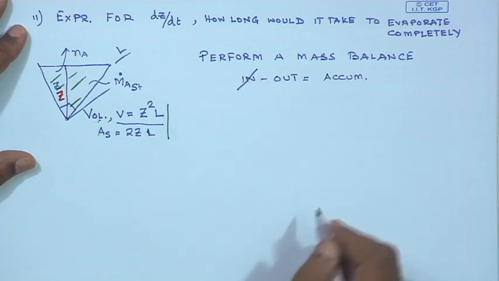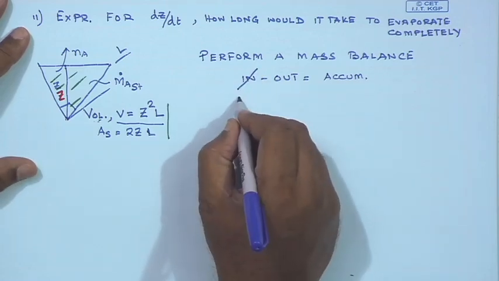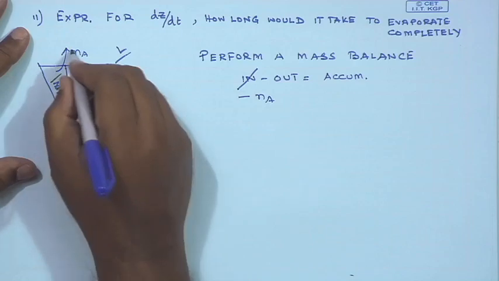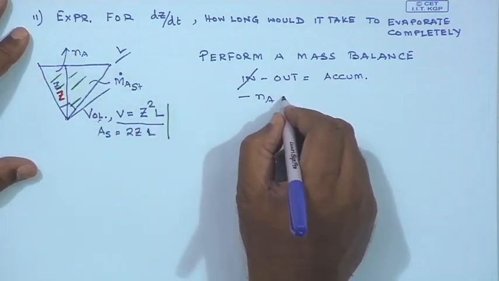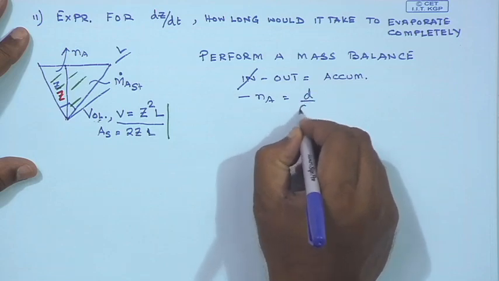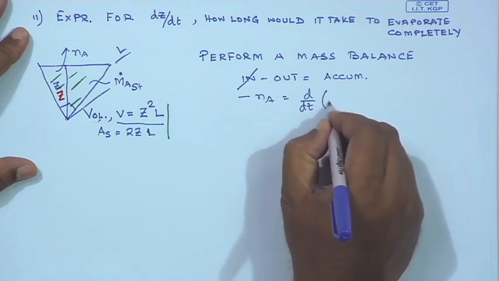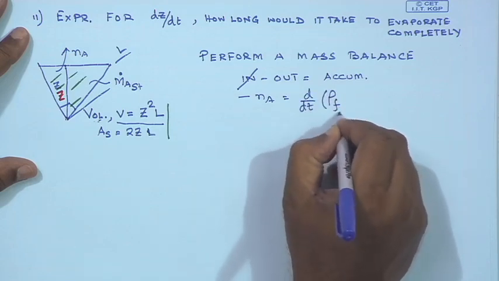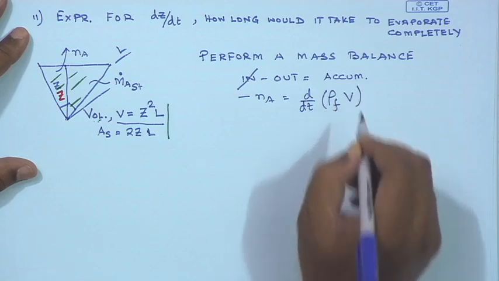There is no water being added to it. So, the one that goes out is simply going to be N A, and it is going to be equal to the accumulation. The accumulation is d/dt of rho f, the density of the fluid, times V.